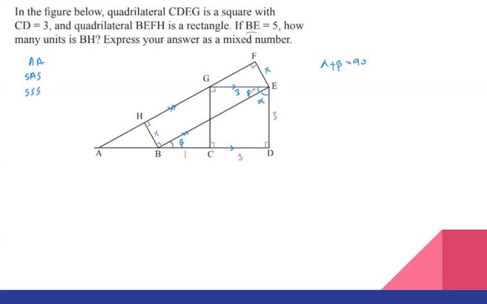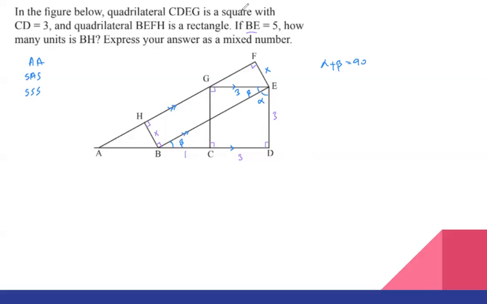This is one way to say this has to be beta. Another way is that this is parallel to AD, which is why this angle and this angle are equal, because they are alternate interior angles. So there are two ways to get this to be the same as this.